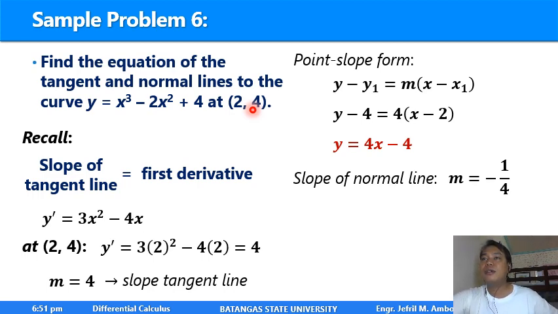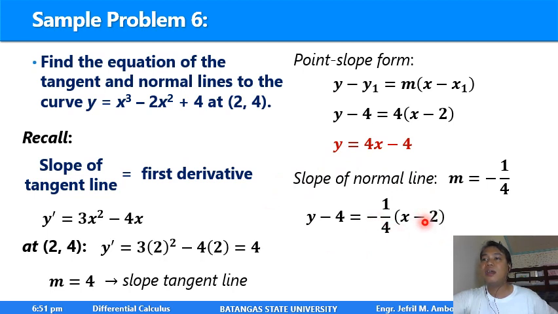Okay? So, using the point-slope form, we have y minus y1 is equal to m, which is negative 1/4, times x minus x1. Now, again, the rest is algebra. Simplify mo lang po ito. So, negative 1/4 x.